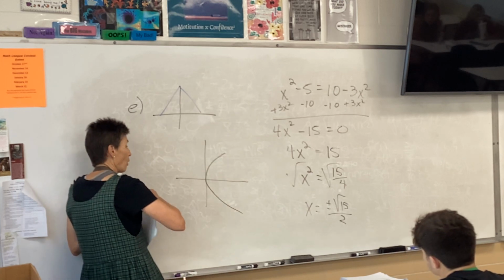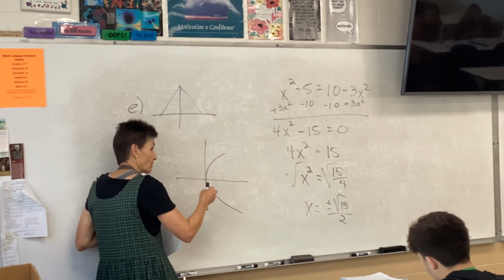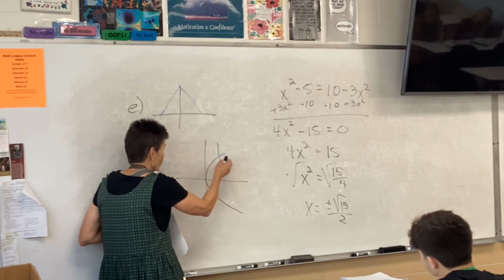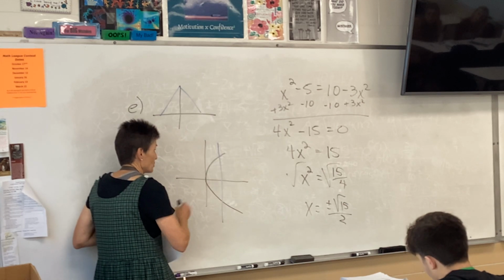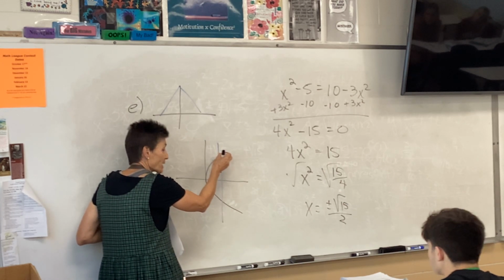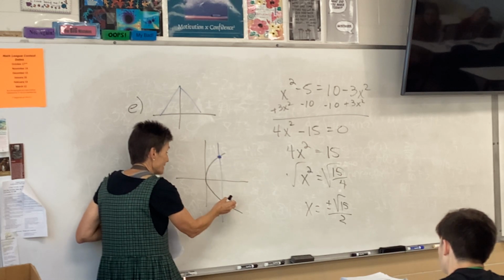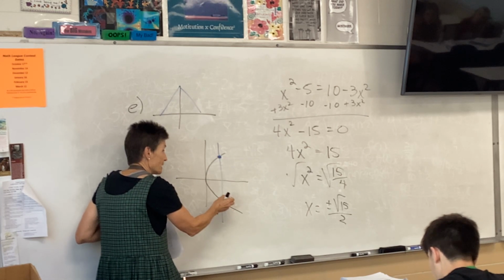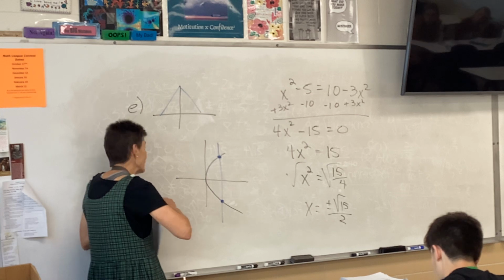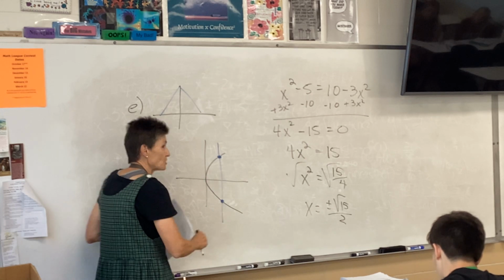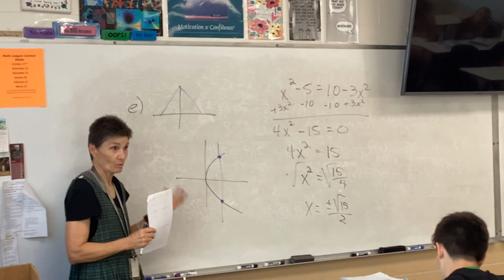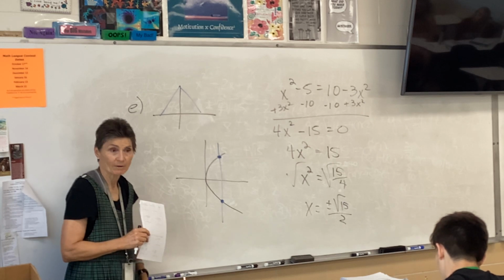If I draw, either physically or in my mind, a vertical line down through that picture, see how it hits right here? And it hits right here? If a vertical line, any vertical line, hits your curve in more than one spot, you are not a function.